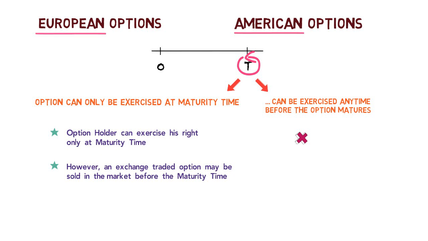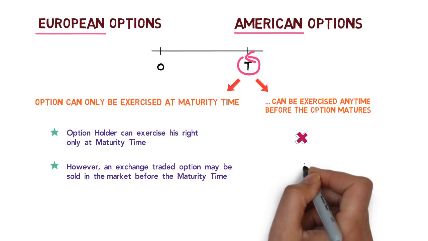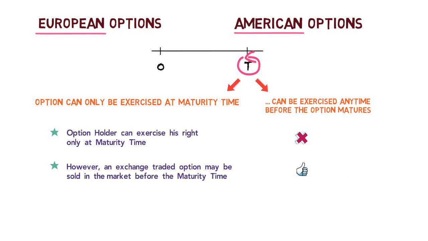And that's true for any exchange traded option, whether it's a European or American option. So what I'm saying is, with the European option, though you cannot exercise your option to buy or to sell before the maturity time t, you can sell the contract itself to some third party.